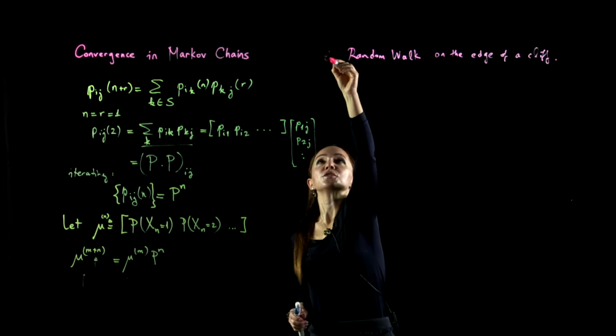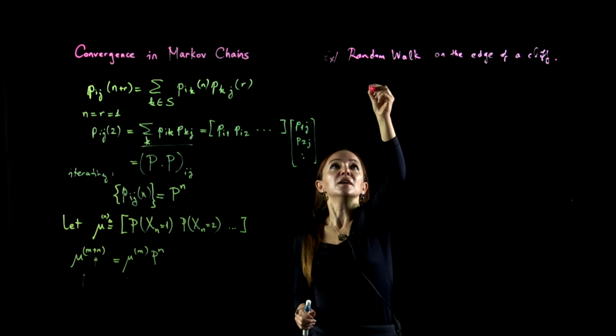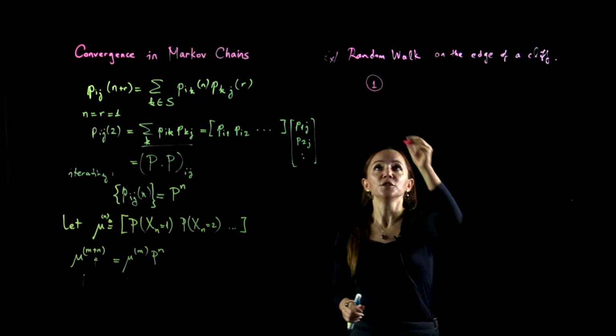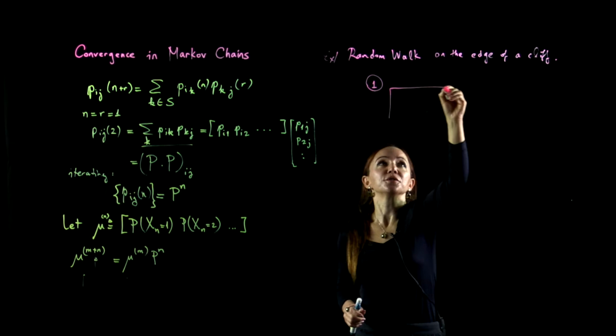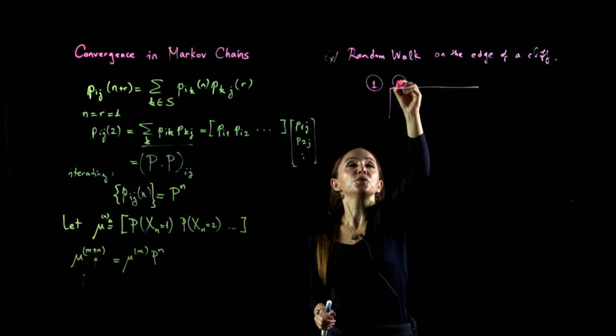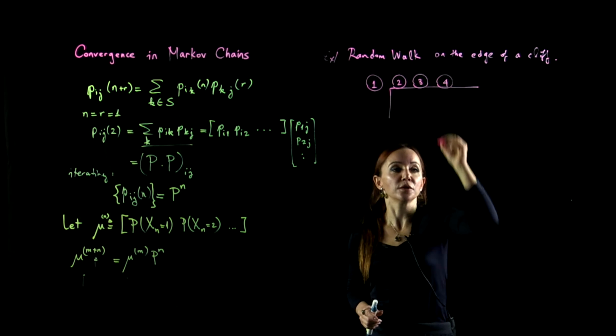Okay, so here's the setup. Position 1 denotes the position right after the edge of this cliff. Position 2 is here, position 3 is here, and position 4 is here.